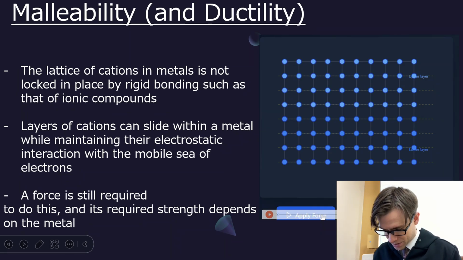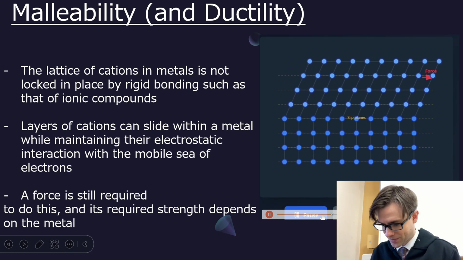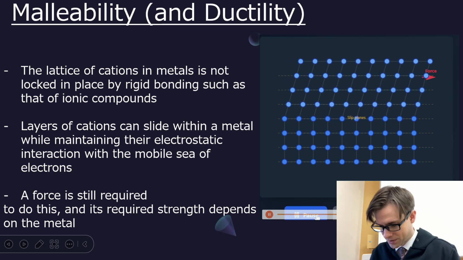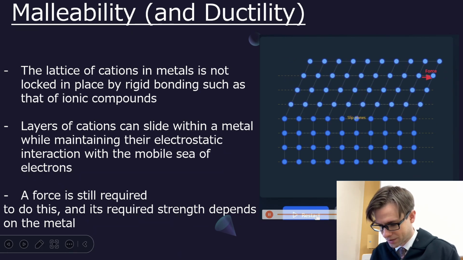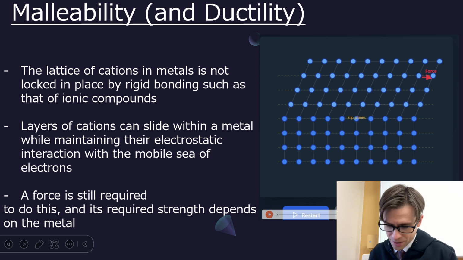So I have a little animation here. What happens if we apply a force to the top of this metal? We can just slide layers of cations past each other. The ones at the top are moving the most distance, and the ones at the bottom are not, so there are going to be different angles between the cations at the bottom versus those at the top.